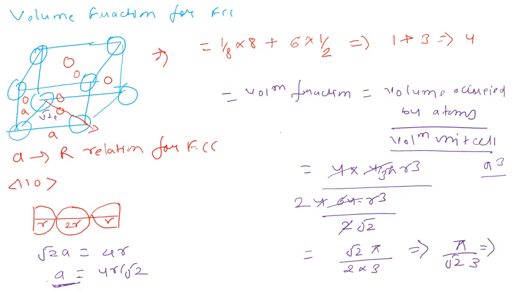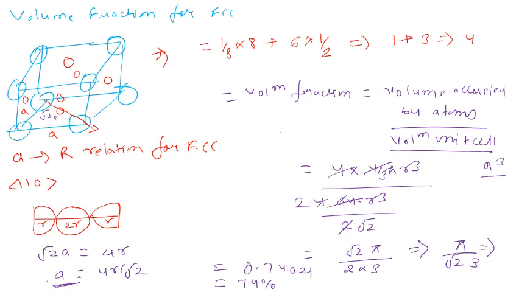Let us simplify this expression further. This is 3.14 divided by 1.414 into 3. So here we got 0.74021. So the packing efficiency for the FCC system is approximately 74%.